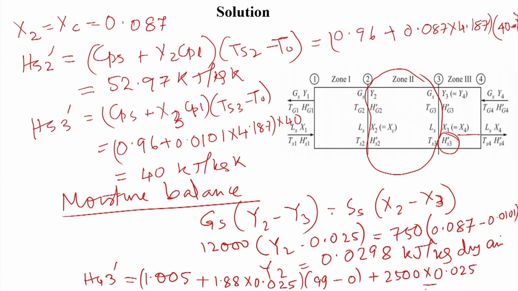So, that is coming out as 166.8 kilojoule per kg Kelvin.